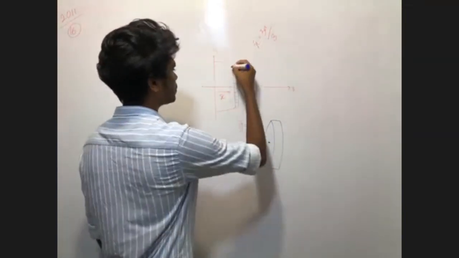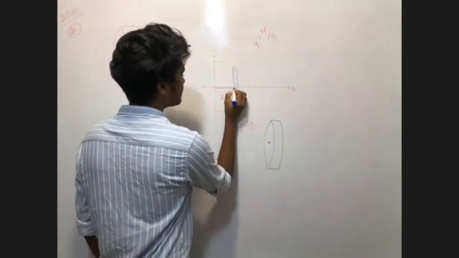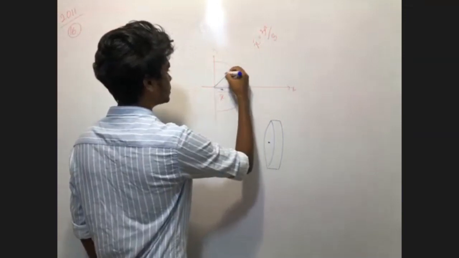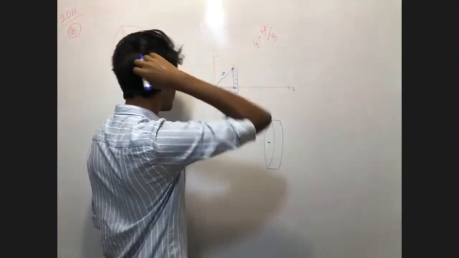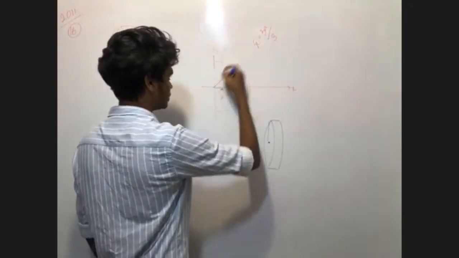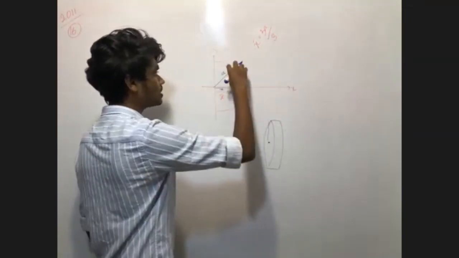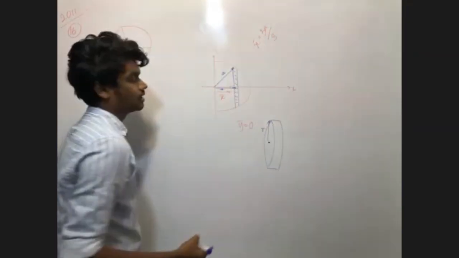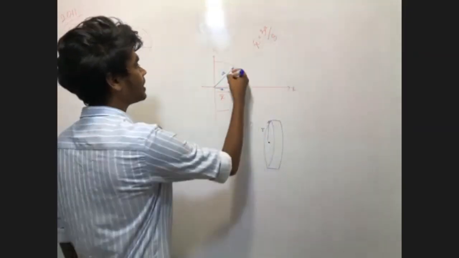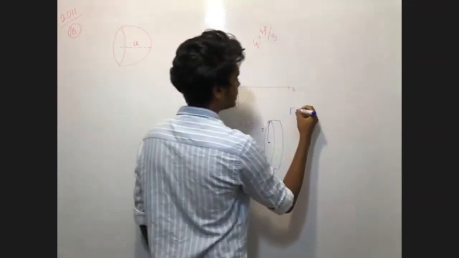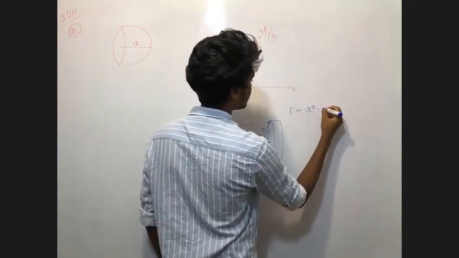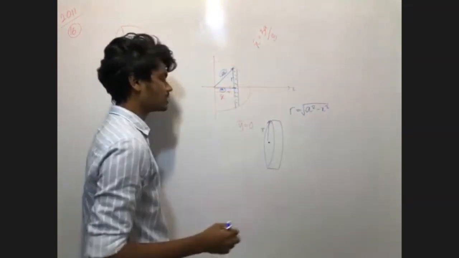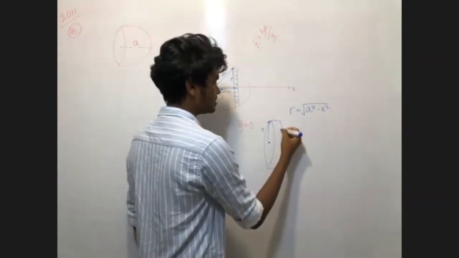And so this will be x. The radius of the hemisphere is A. So the radius of the infinitesimal particle is r, and r can be written as the square root of a squared minus x squared. So this is a cylinder.